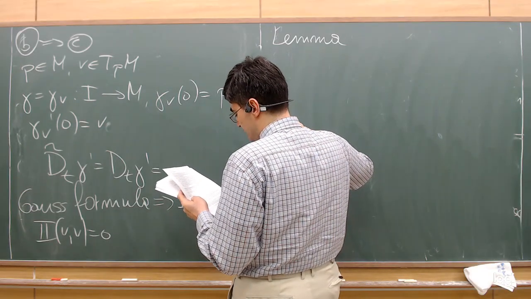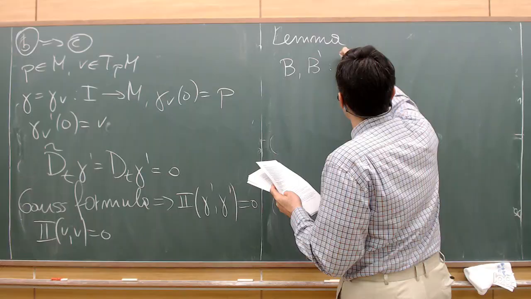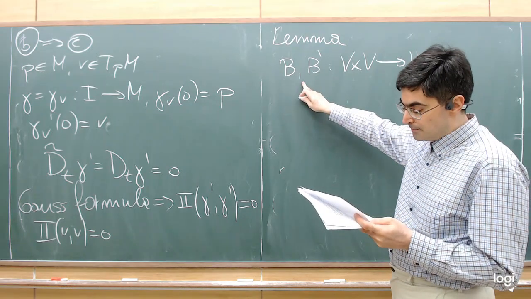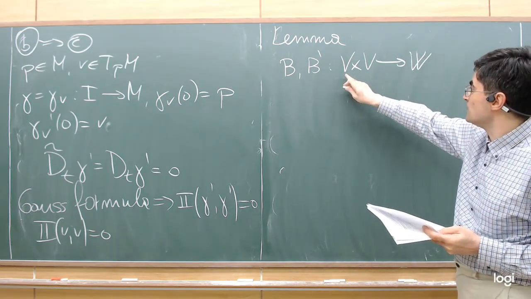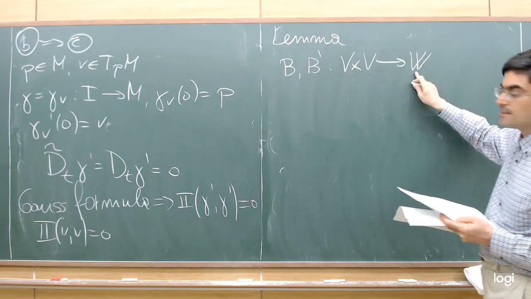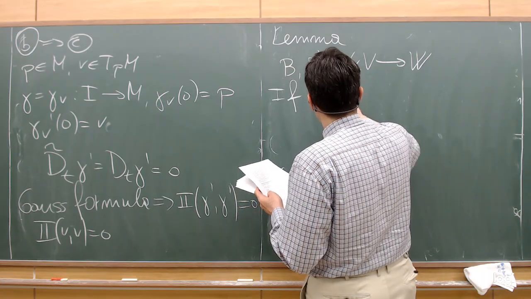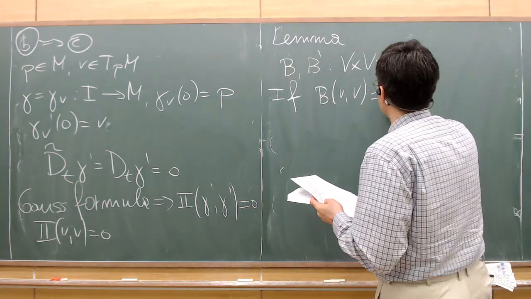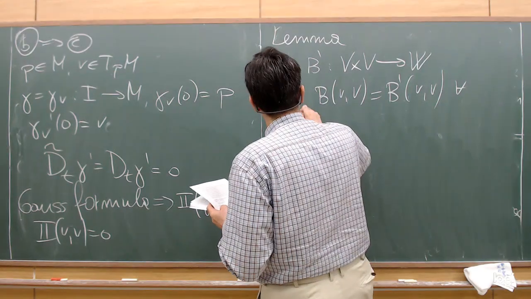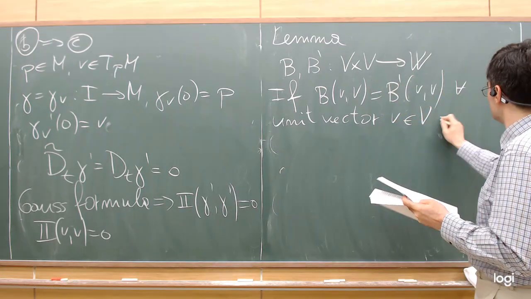If I have two symmetric bilinear maps defined on V times V, where V is a vector space equipped with inner product, then if B(V,V) is equal to B prime (V,V) for any unit vector V in V, then they coincide.